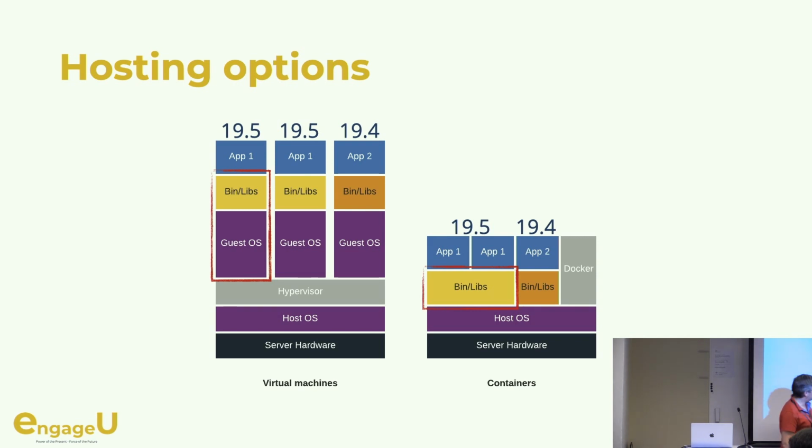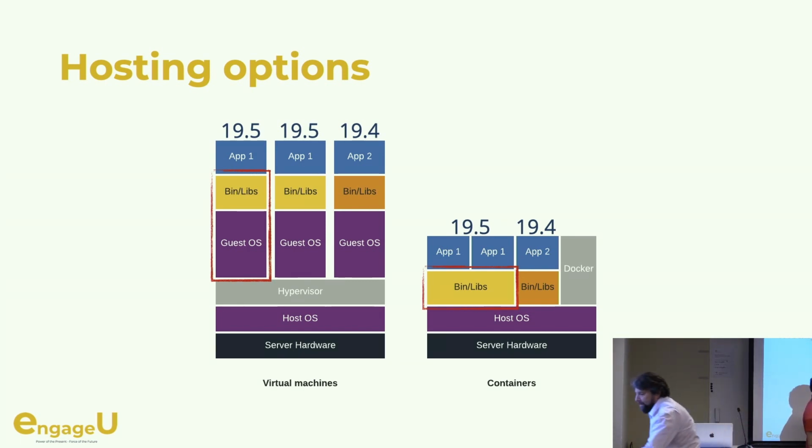In Docker, it's pretty lighter because you have your server hardware, the host OS, okay? But then you have just a Docker controller that will spawn your containers using images, and just create the isolation. So here, you don't have the guest OS.